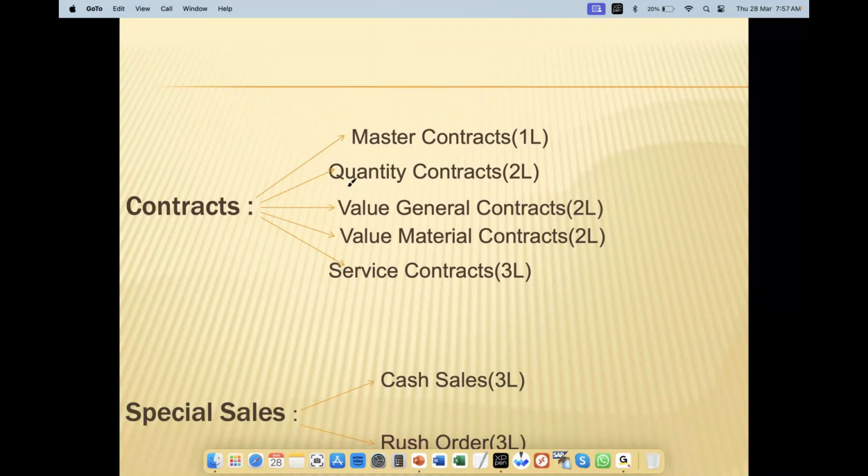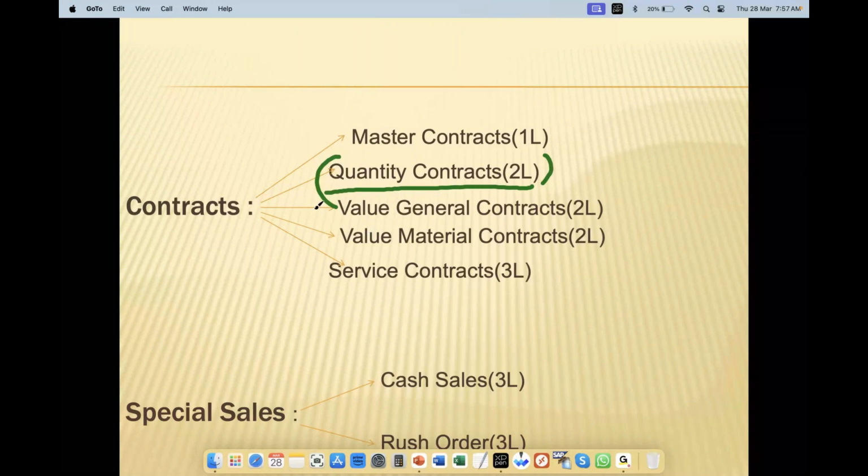Quantity contract. A contract undersigned between two parties for an agreed quantity. So, for example, think about these big retail stores. There may be some models or some products where stock may fall short.